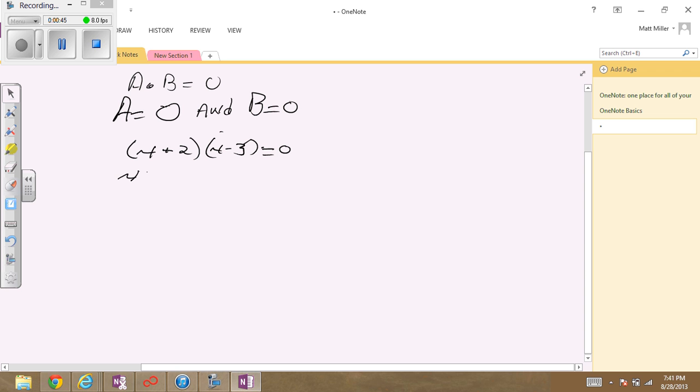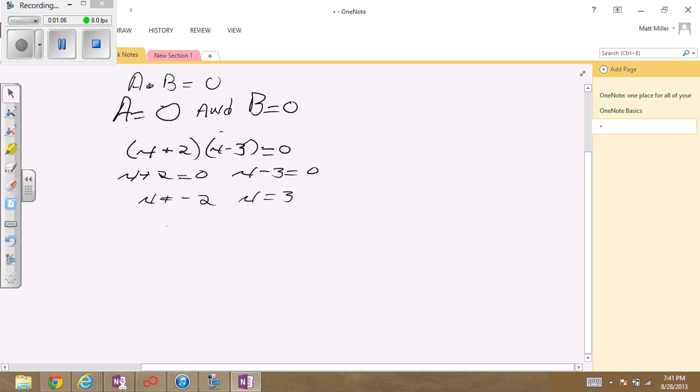So x plus 2, being like A, is going to equal 0. And x minus 3, being like B, is going to equal 0. Which reveals x equaling negative 2 and x equaling 3.